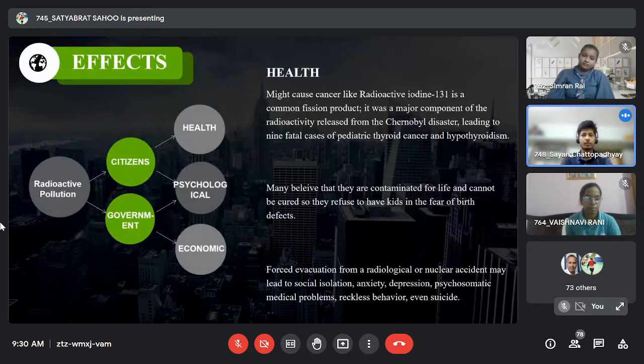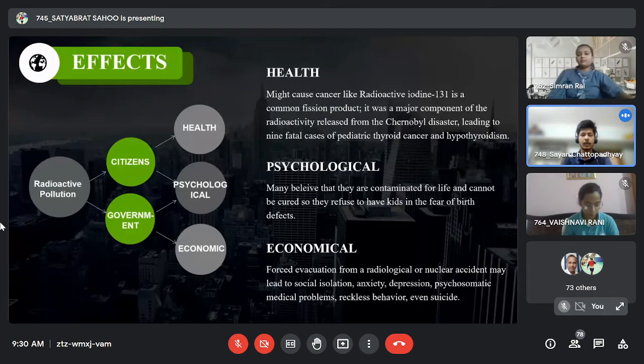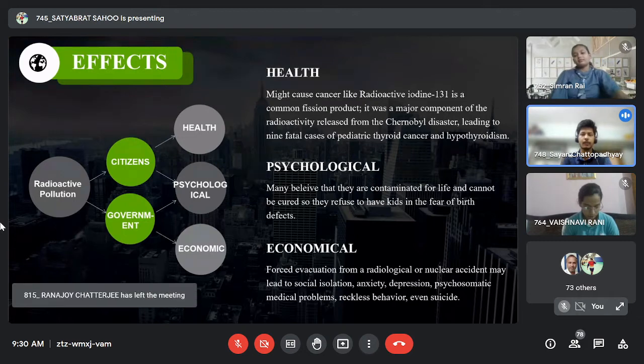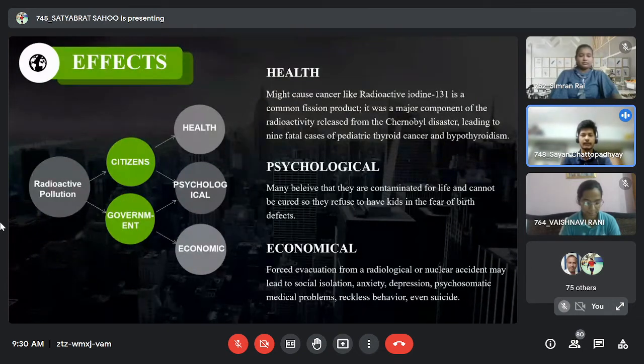Now I am going to speak about the effects of radioactive pollution. Radioactive pollution is known to have a wide spectrum of negative effects on human beings and the environment. The negative impact that radioactive pollution can have on the ecosystem and on human health has been touched upon in this slide.